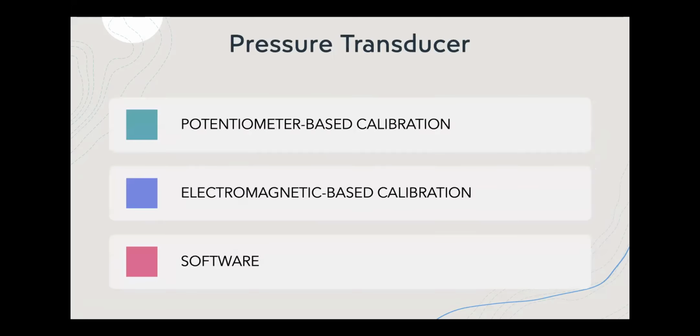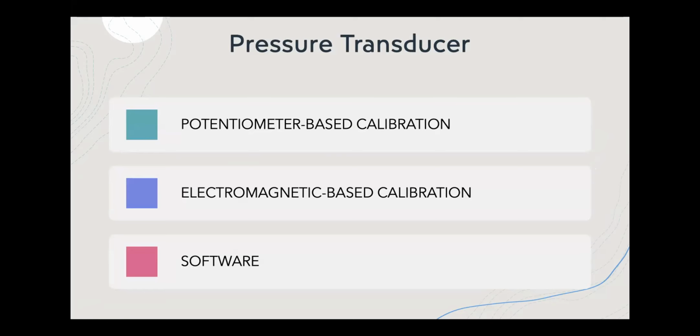So we find that pressure transducer uses 3 calibration, which is potentiometer based calibration, electromagnetic based calibration, and software.